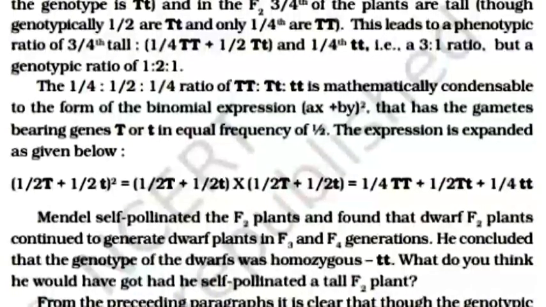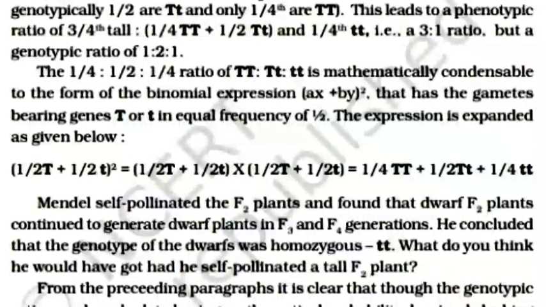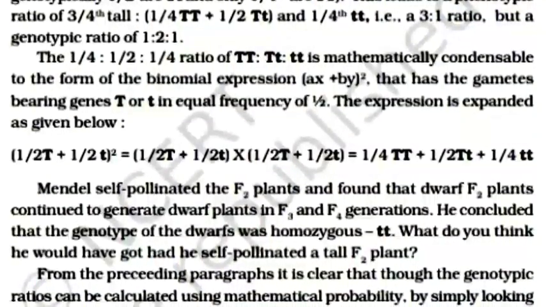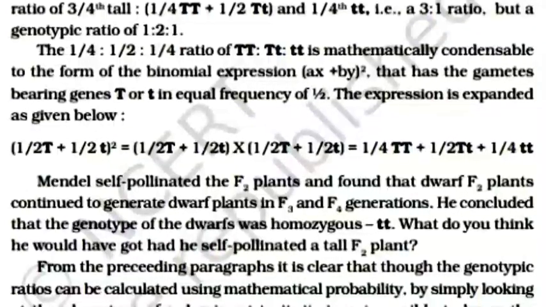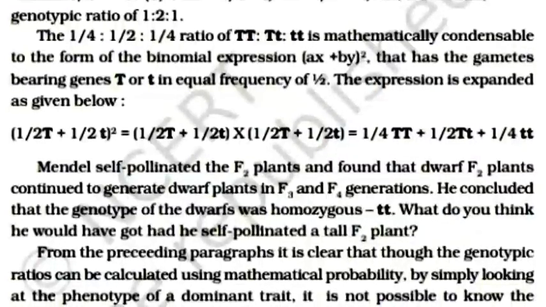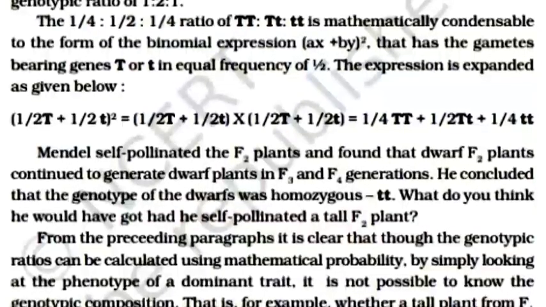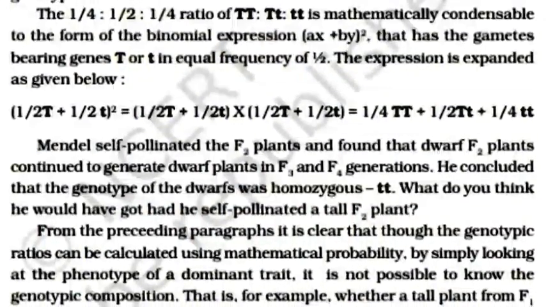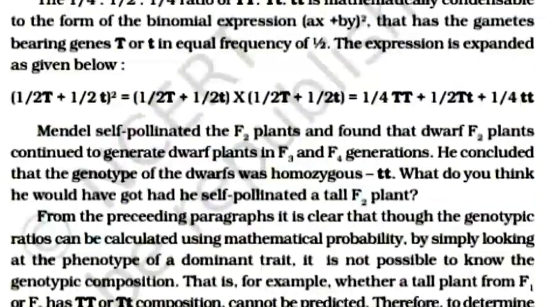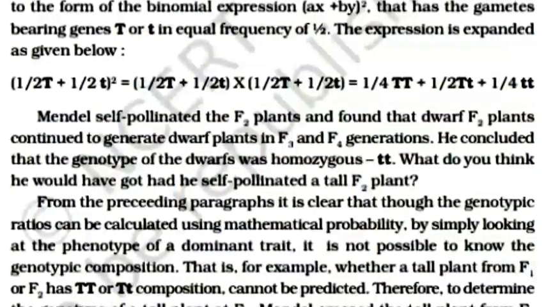The 1/4 : 1/2 : 1/4 ratio of capital T, capital T small t, and small t is mathematically comparable to the binomial expression (ax plus by) whole squared, where the gametes bearing genes capital T or small t are in equal frequency of half. The expression is expanded as given below: (half capital T plus half small t) squared equals 1/4 capital T plus half capital T small t plus 1/4 small t.